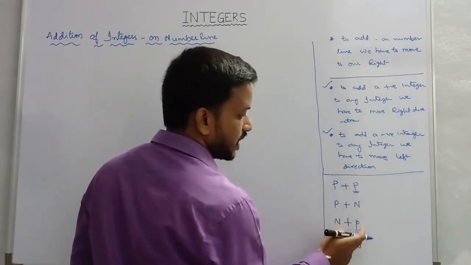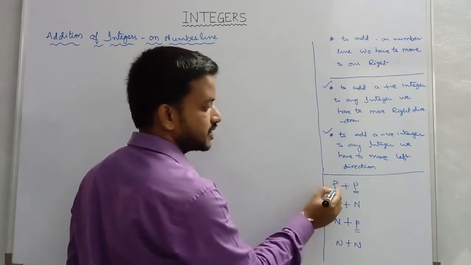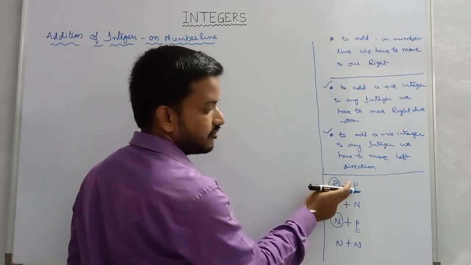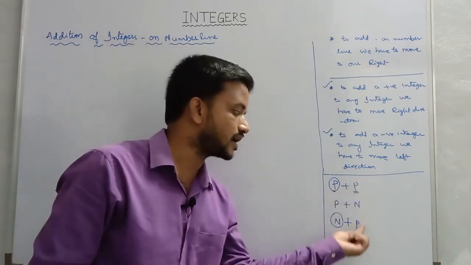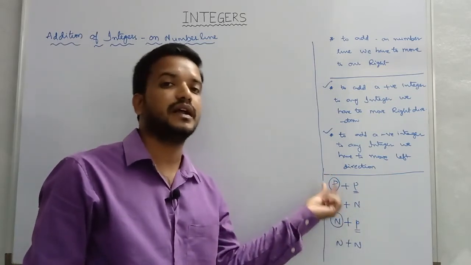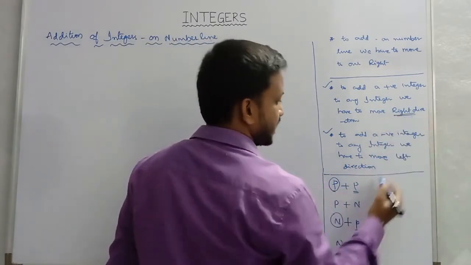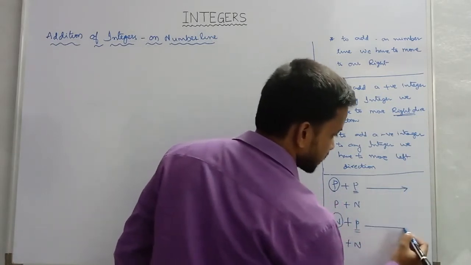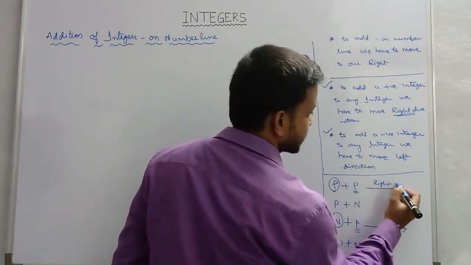We are adding a positive to any integer means either it is positive or negative. Is it clear? When we are adding positive to any integer, which direction we have to move? We have to move right direction, so that we can specify like this. In these 2 cases, we have to move right direction, right side.